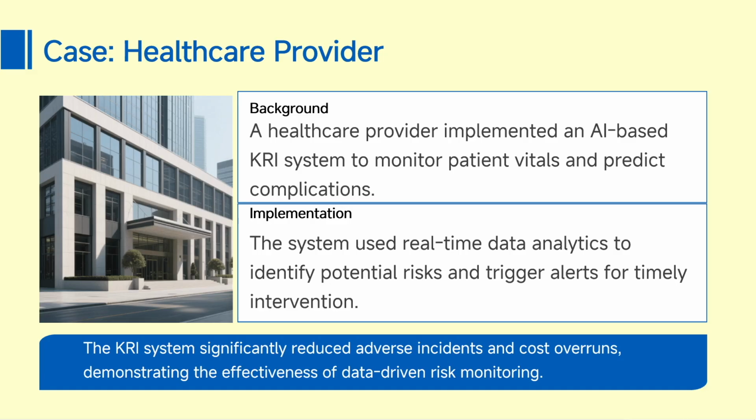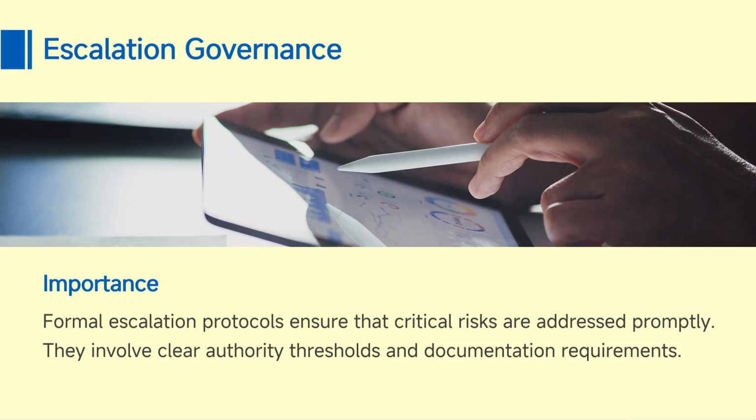By using real-time data analytics, we can identify the potential risk. For escalation protocols, we have to make sure that critical risks are addressed promptly, and they involve clear authority thresholds and documentation requirements.